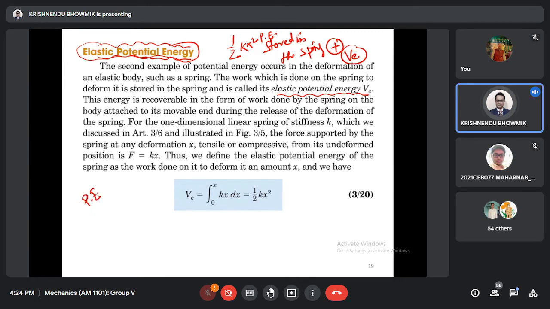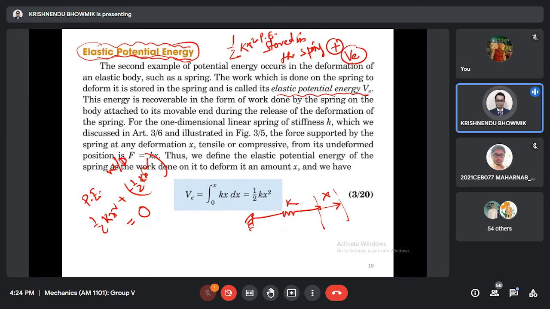Potential energy is half kx square. We have learned there that the work done was negative, minus half kx square, because if we are not doing anything externally, then it will be 0. When you have a spring, maybe this is the initial condition, you have moved by x, this is the k.